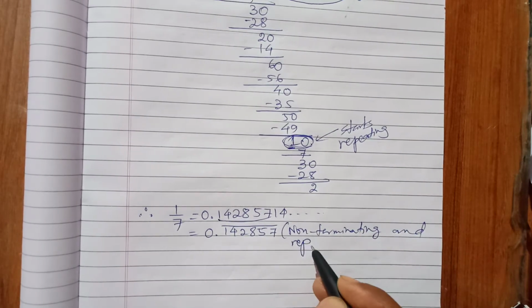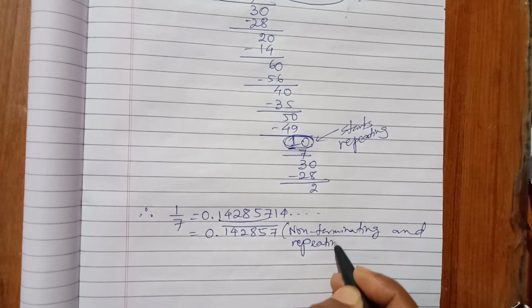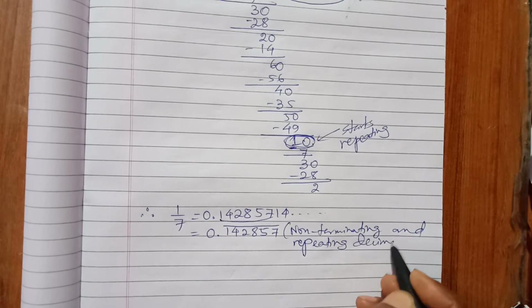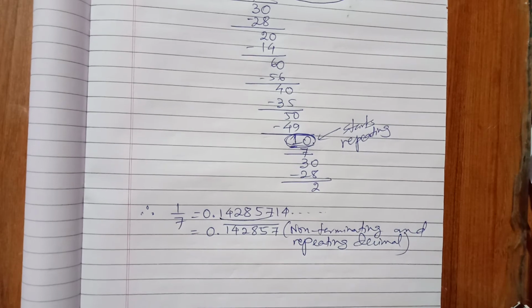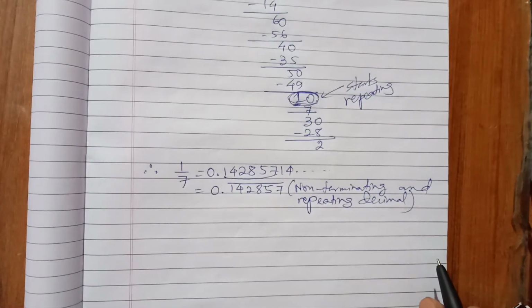and repeating decimal. Okay, so you have understood that a rational number will have two types of decimals.